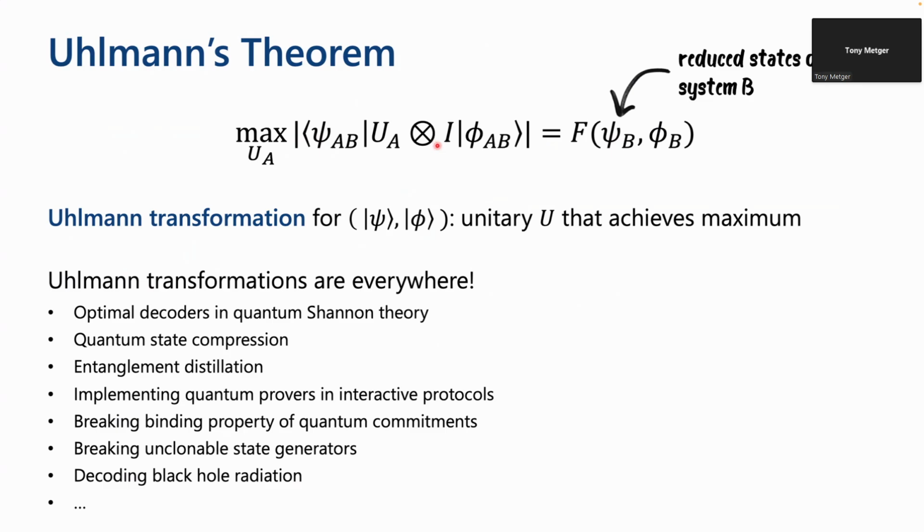That's Uhlmann's theorem. What we call an Uhlmann transformation is if I give you two bipartite states, psi and phi, and I tell you where the bipartition is, we call the Uhlmann transformation between these two states that unitary that achieves this maximum. So it's a unitary that only acts on one of the two parts of the state that achieves the maximum overlap.